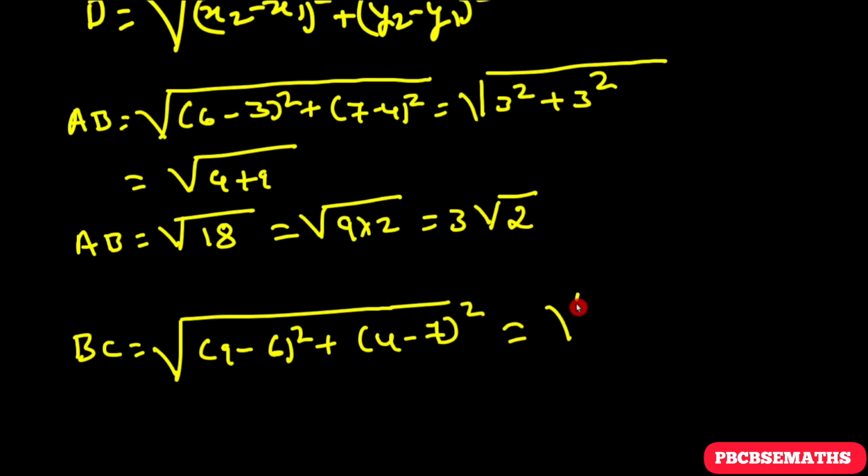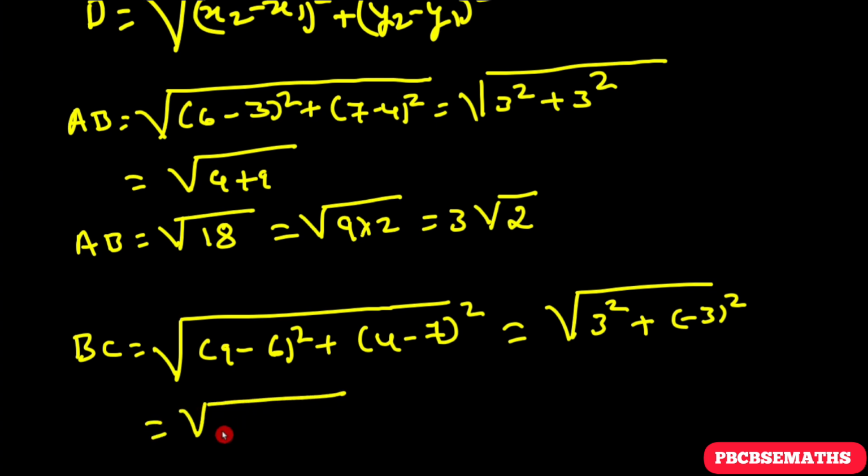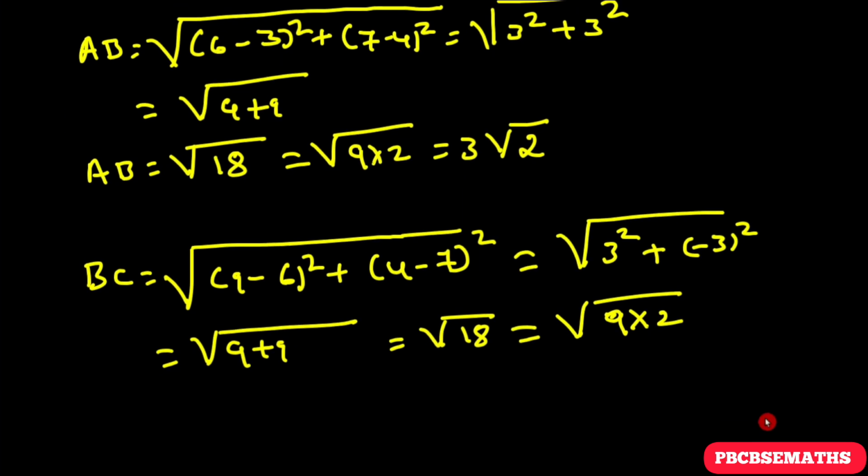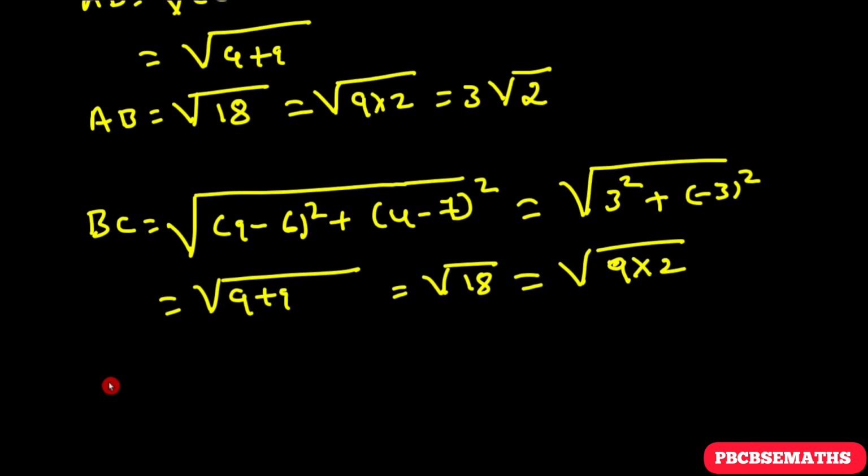Let's simplify: 9 minus 6 is 3 square plus 4 minus 7, that is minus 3 whole square, which gives us square root of 9 plus 9, which is equal to square root of 18. Further simplifying, 9 into 2, which gives us the value of BC as 3 square root 2.